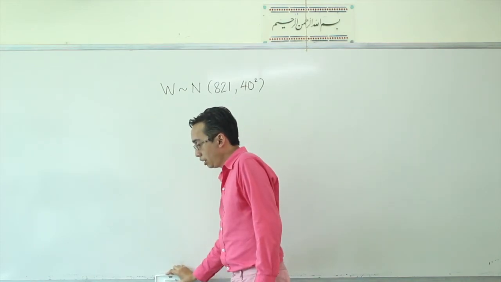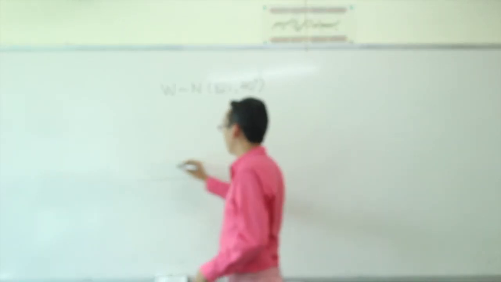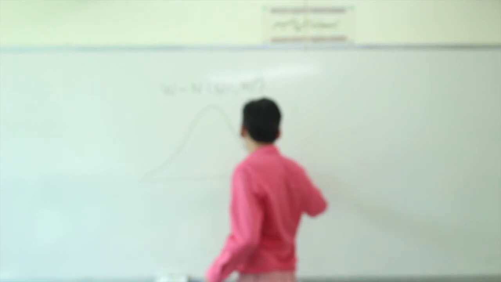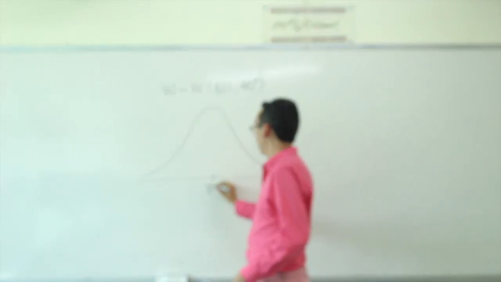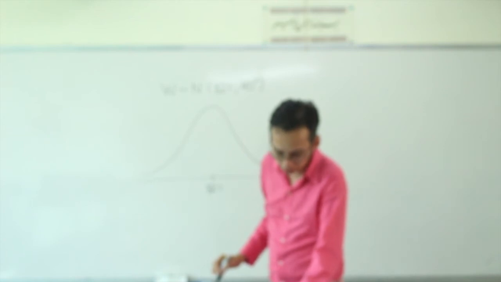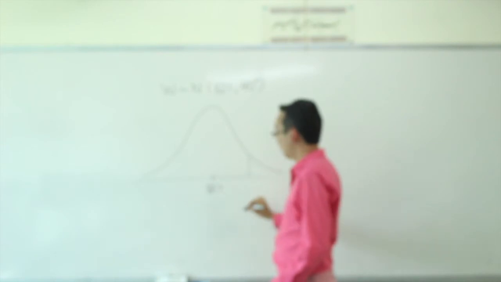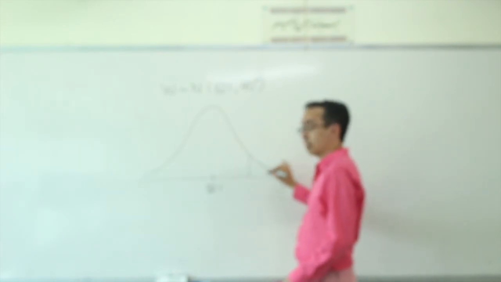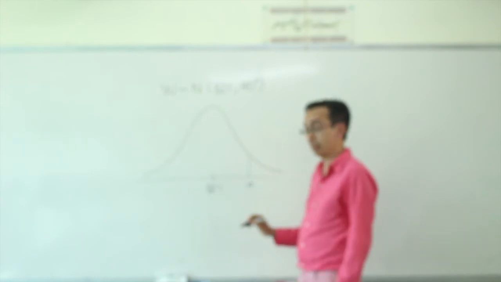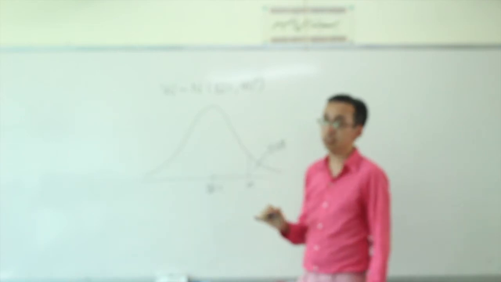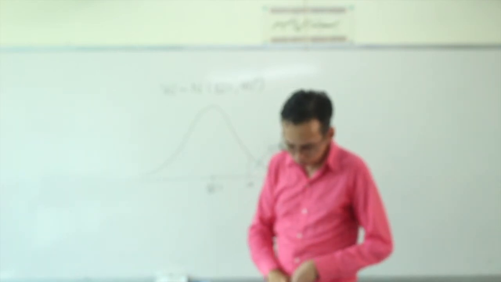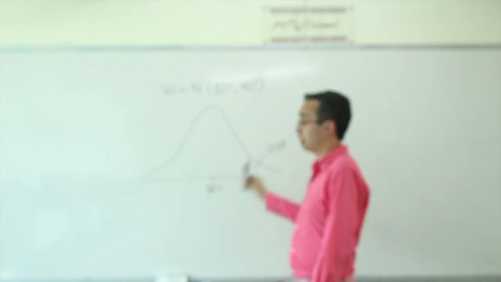To understand the question, it's best for us to draw the probability density function. Our mean here is 821. We want the top 8%. So the probability of it being more than a particular value, let's say A, this portion, will be 8% or 0.08 in terms of probability. Now you are supposed to find A, given that the probability of it being more is 0.08.